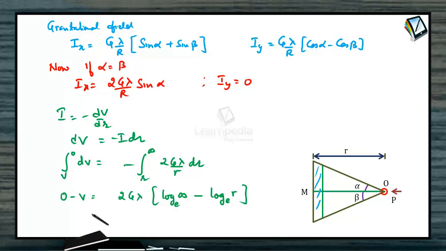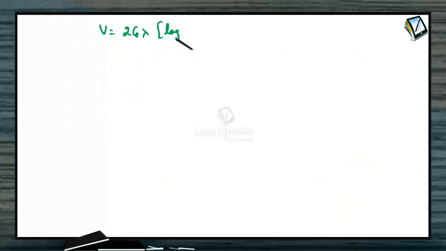So V will be equal to 2G lambda times (log to the base e r minus log to the base e infinity), because the minus sign is there outside. V is equal to 2G lambda ln of r by infinity.